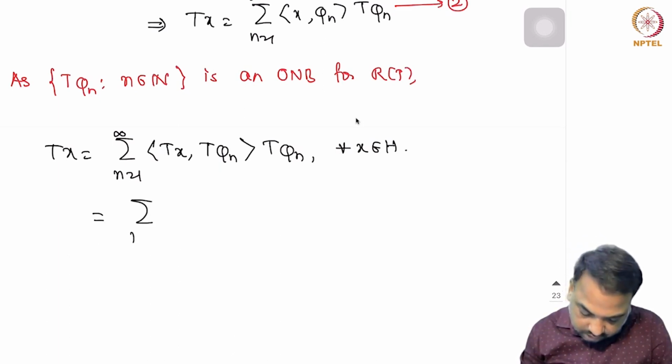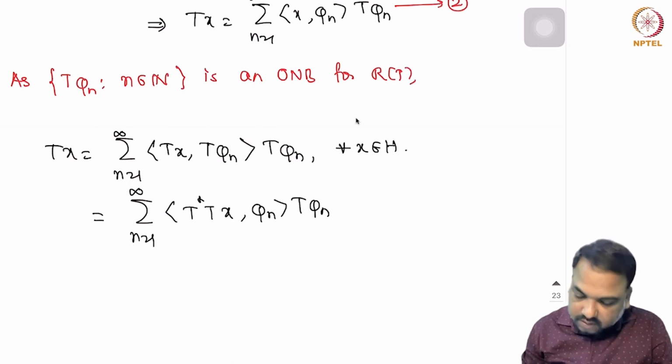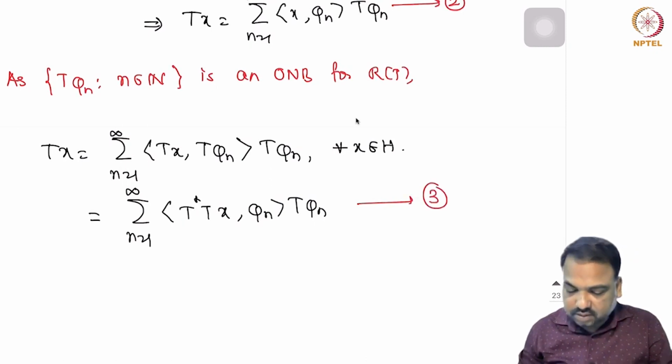So this is summation n equal to 1 to infinity inner product T star T x with phi n multiplied by T phi n, and let us call this equation 3.